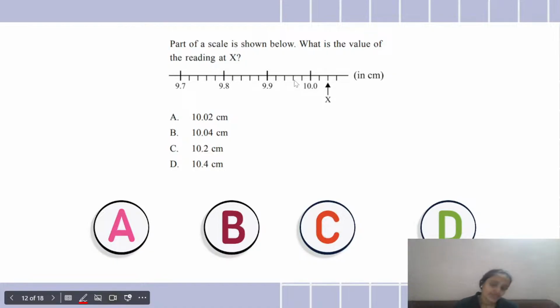Okay, this is a scale. You have to find out what is the value of x.